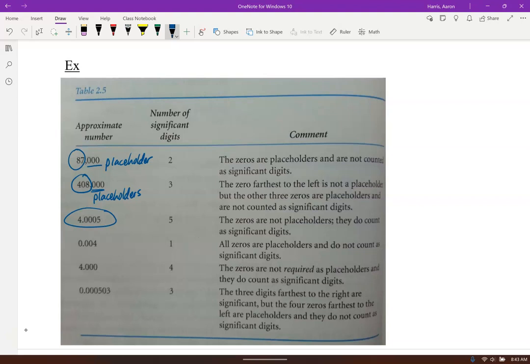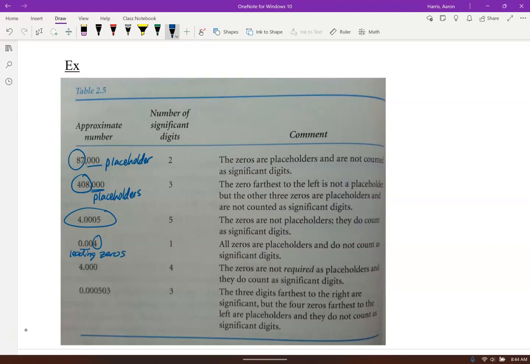See the 0.00? Those are just there as placeholders, or leading zeros, if you will. So those are not significant, so it's just the 4.